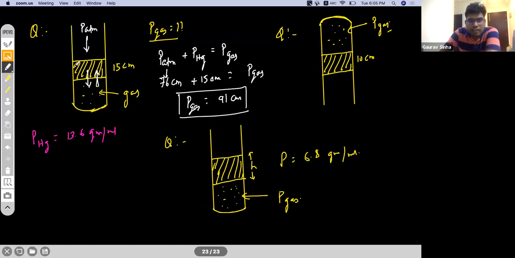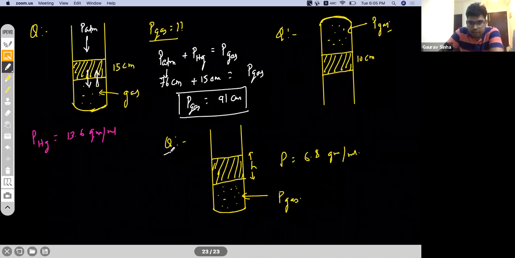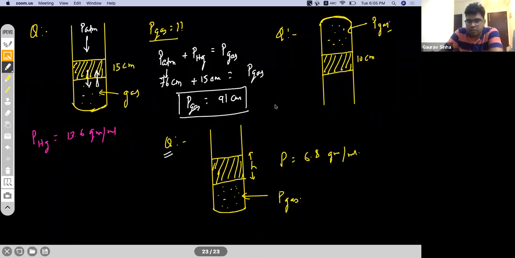But if you have any other liquid here, then you cannot add this. In that case, you have to think again that if this is the height of the liquid given, this liquid will exert some pressure. What should be the height of the mercury column which exerts the same pressure as this liquid is doing? So in case of another liquid, which is case number 3, we'll discuss how to do it. But first you try the second one.